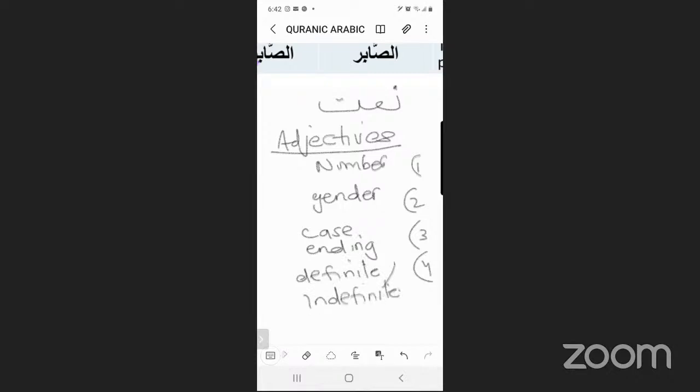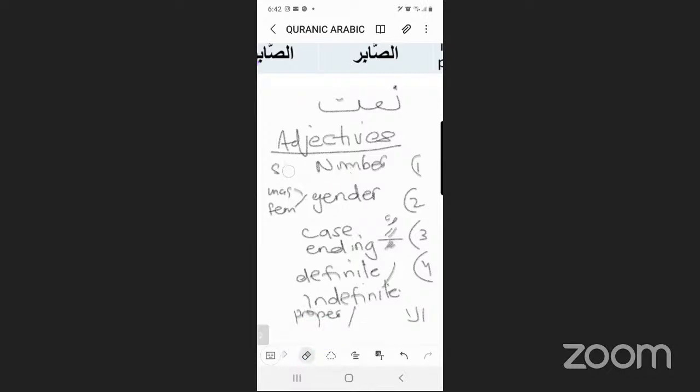Number means singular or plural, correct? Gender, masculine and feminine, has to be the same. Case ending is un, an, or in, right? They have to match, and whether it's proper or common. Proper or common, that's what it means basically.